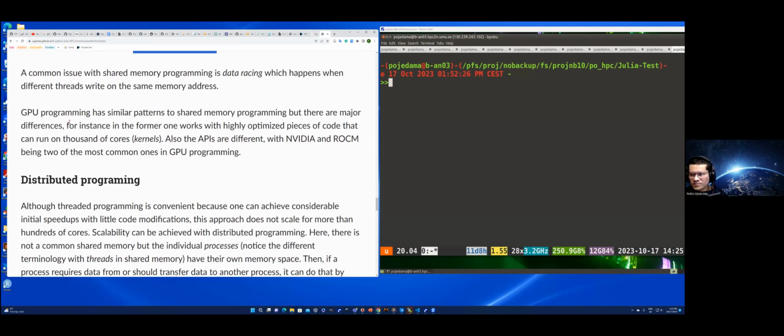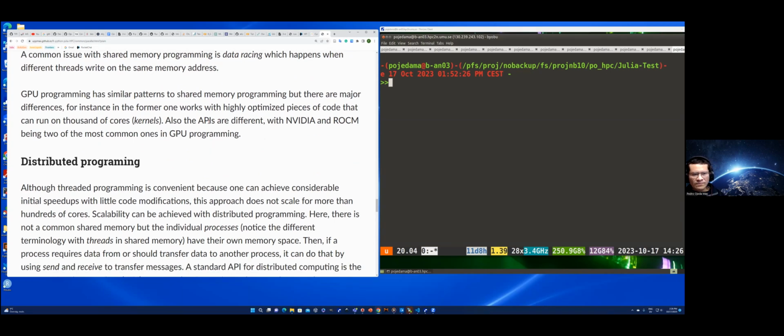There is also GPU programming, which shares several similarities with the shared memory mechanism. But here, one focuses on the so-called kernels, which are highly optimized pieces of code, right? And also the APIs that are used in GPU programming are different, for instance the NVIDIA and ROCm compilers.